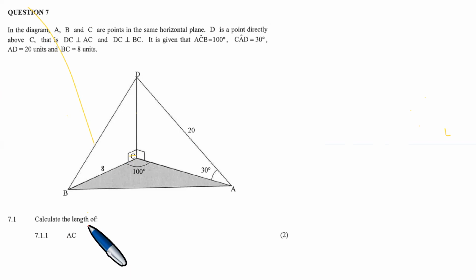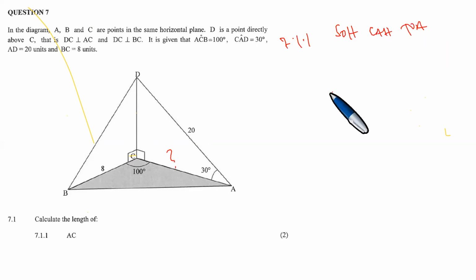So we can just enjoy ourselves and have a little bit of fun as we conclude our lesson. So the answer to 7.1.1, we are interested in finding the length of AC. What is AC? Here is AC. What is the length there of AC? Right. So to find the length of AC, it's very easy. You can actually use adjacent over hypotenuse and you use SOHCAHTOA.